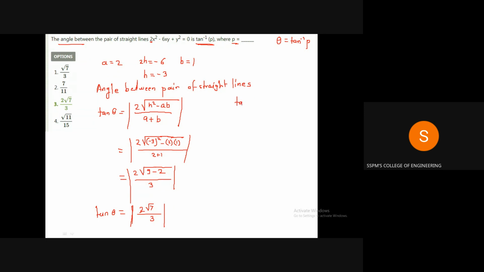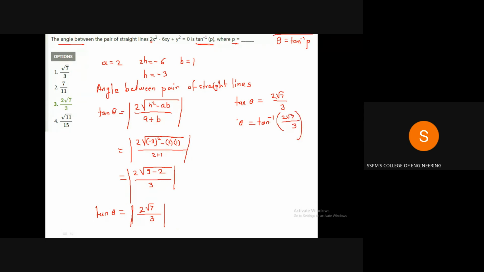So what is value of tan theta? Tan theta is equal to 2 root 7 divided by 3. That is theta is equal to what? If you take this tan on the right hand side, it will become tan inverse of 2 root 7 divided by 3.